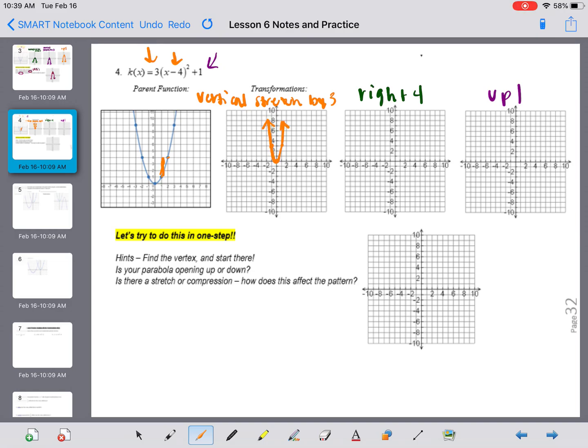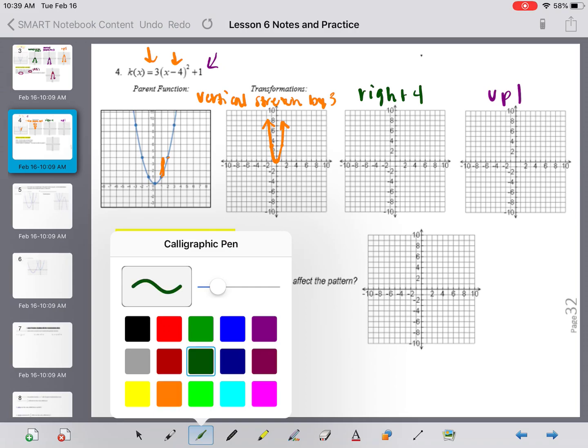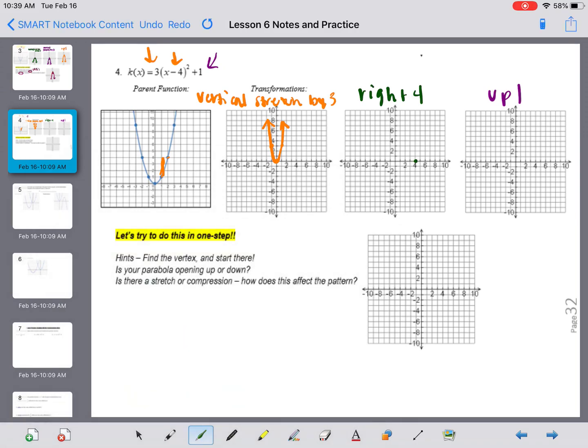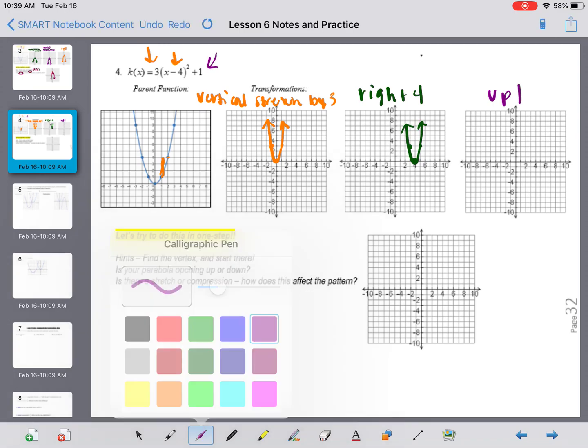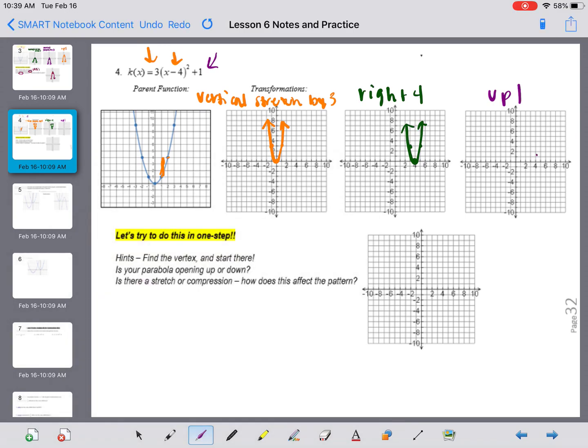And there's the graph stretch. Then we're going to move that orange graph right 4. You're going to keep that same pattern, up 3, right 1. And then we're going to move it up 1. And then all the other points just move up 1. So it will be located here.